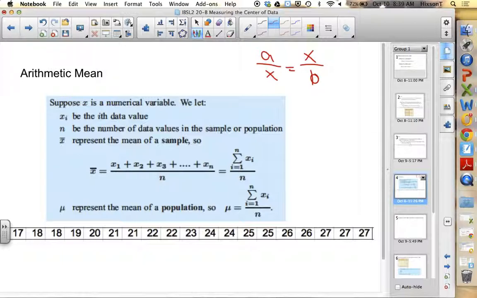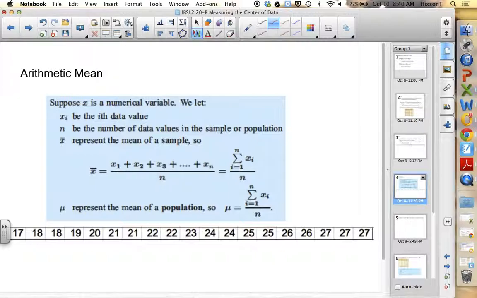X is the geometric mean between A and B, and you related it to like a right triangle. If you had a right triangle and you dropped an altitude down, then the altitude was the geometric mean of the two parts of the hypotenuse. It's been a while since geometry, right? Okay. Anyways, that's a geometric mean.